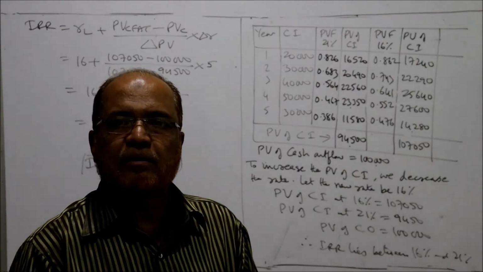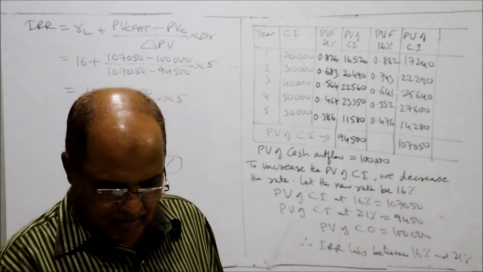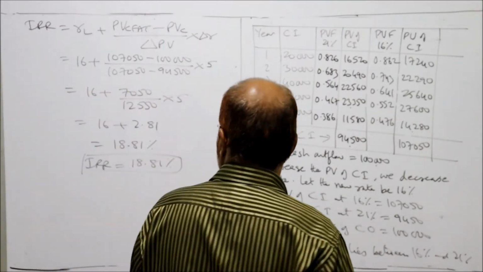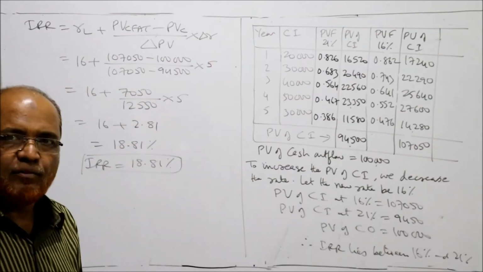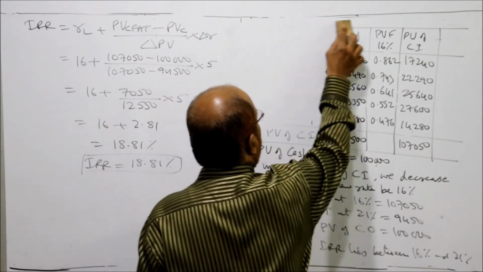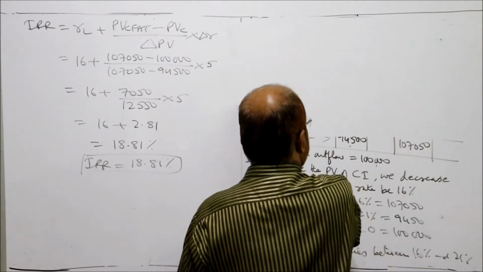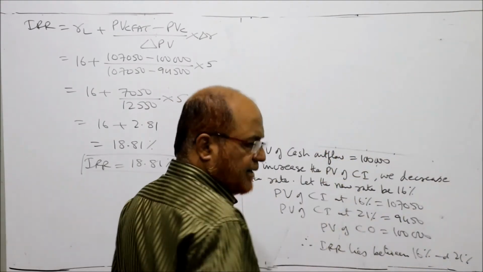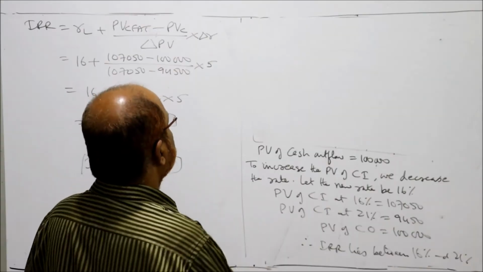So one calculation we have done, that is IRR. Secondly, we have to find out the discounted payback period.